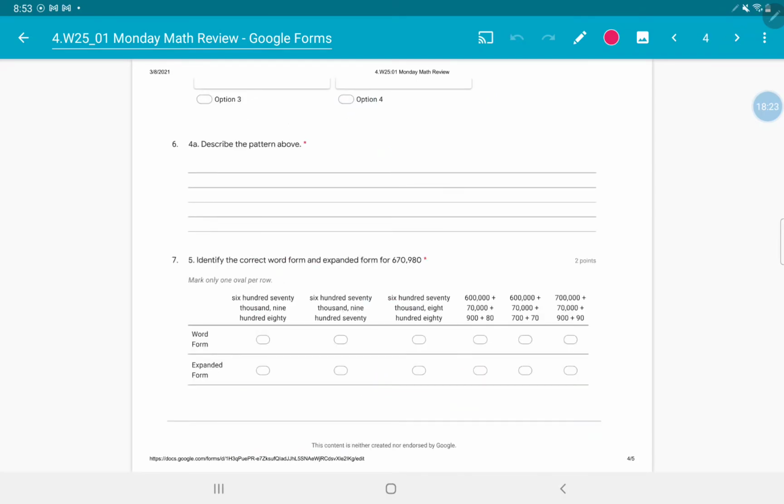So when we describe that pattern, how can we describe it? Times 2. Okay, if we go backwards, we're multiplying by 2. But if we go from left to right, what are we doing? Instead, we're doing the opposite of that, which is division.